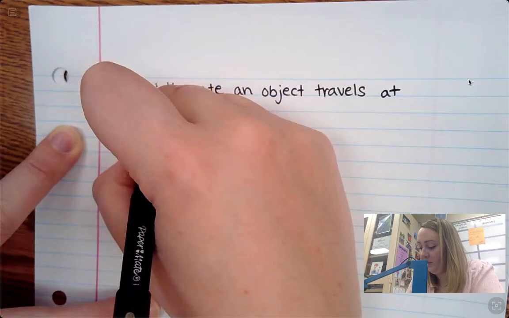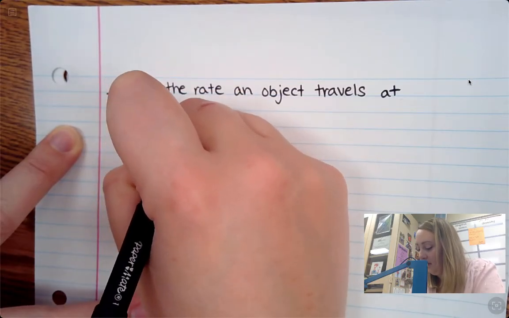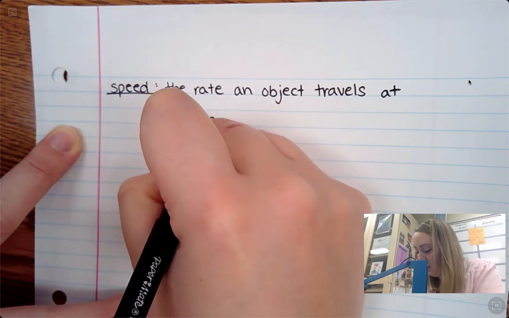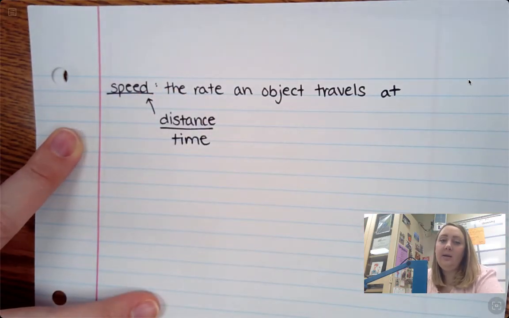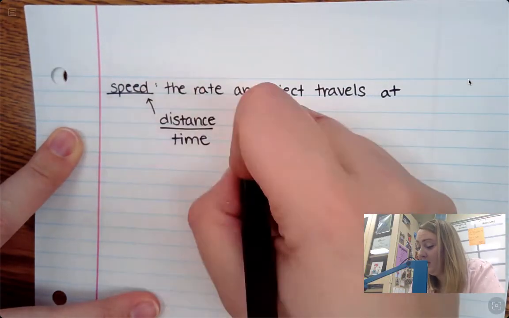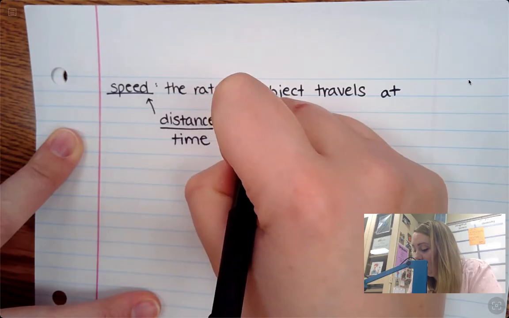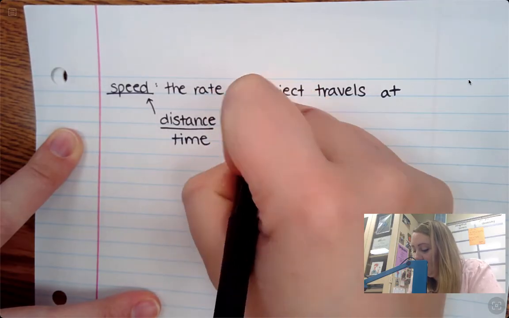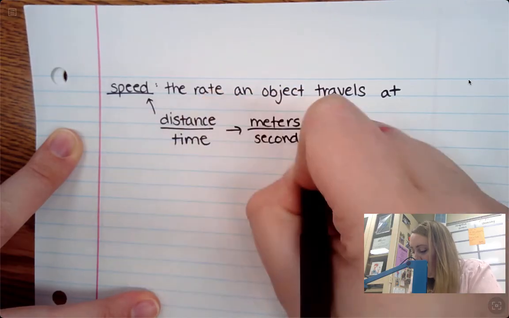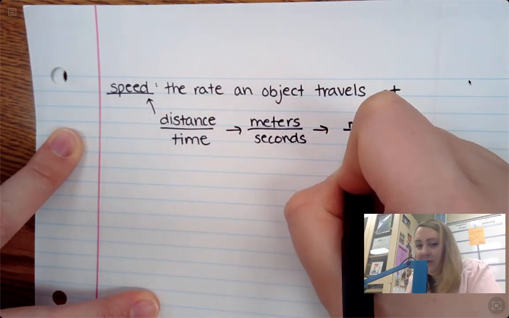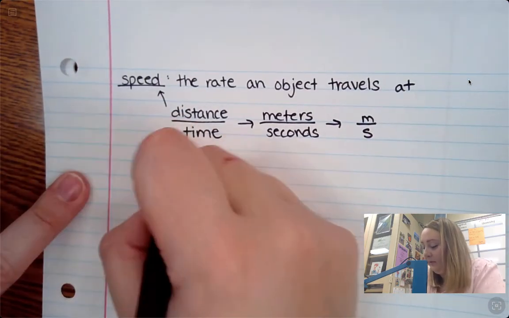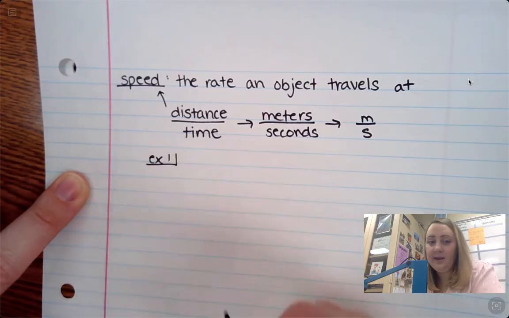You know speed as distance over time. And in this class, our base unit for distance is meters. So for units, meters, and usually we go meters over seconds. Be meters over second or meters per second. So a problem with speed would go like this.